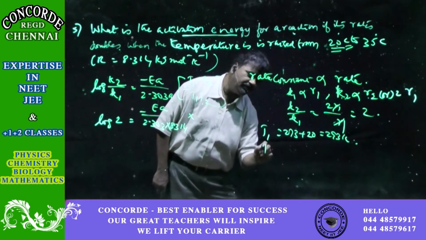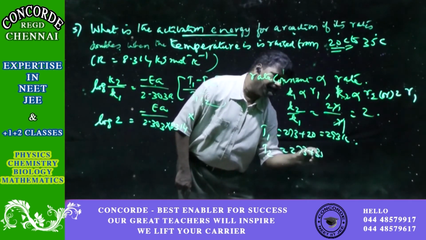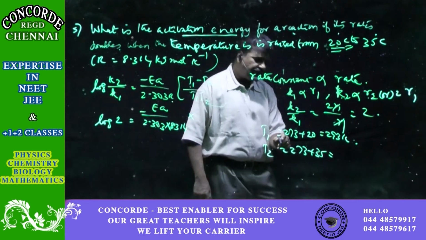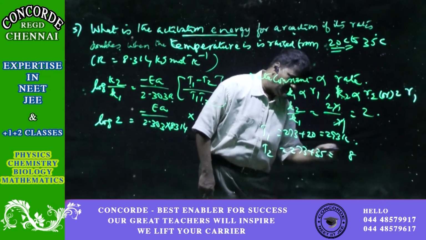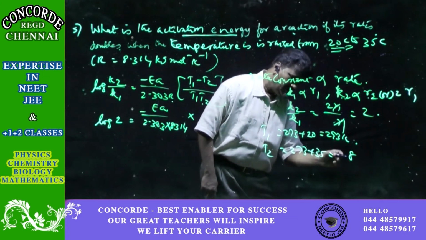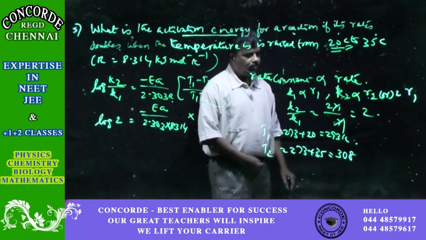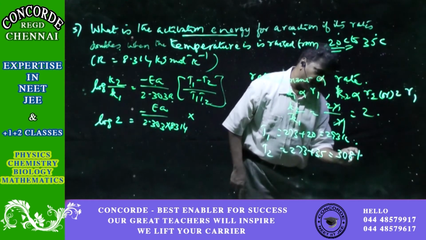And T2 is 273 plus 35, which comes to 308.